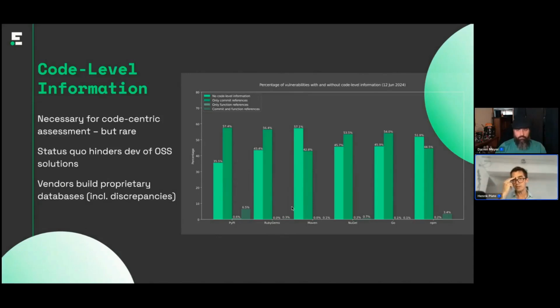And so this is the status quo when it comes to code level information in the public vulnerability databases. It explains very well why many SCA vendors in this space build their own proprietary database on top of the public vulnerability databases to maintain this information, especially if they perform some program analysis in one way or the other, right?